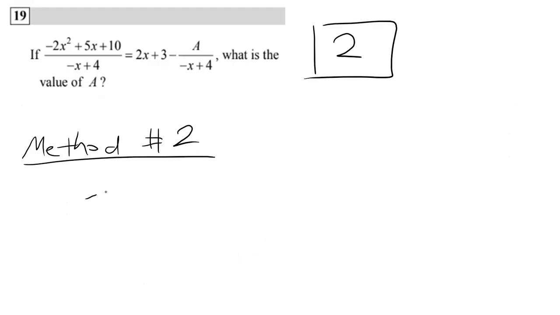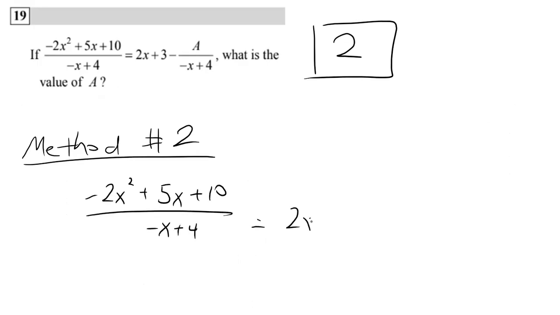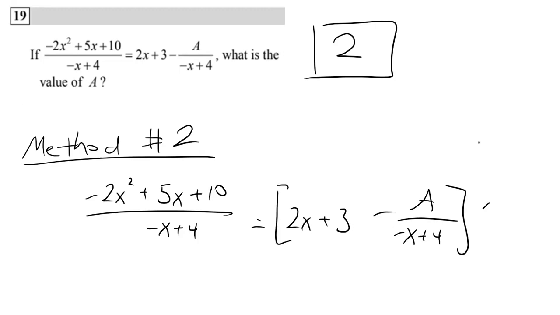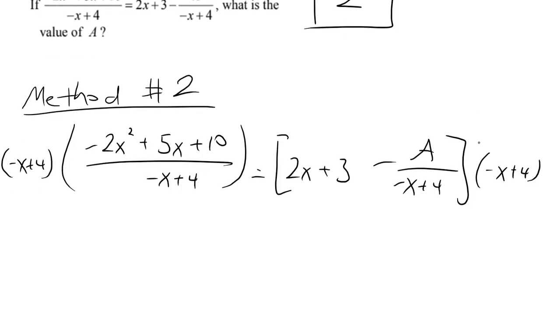Let's just write the equation and work with equations like we typically do. What if I multiply both sides by minus x plus 4? On the left-hand side, these two cancel, so you're left with minus 2x squared plus 5x plus 10.